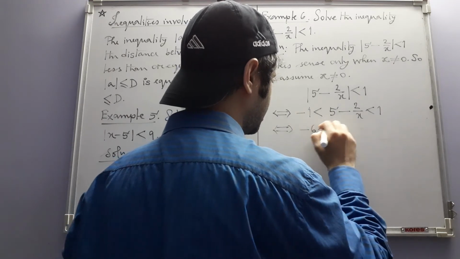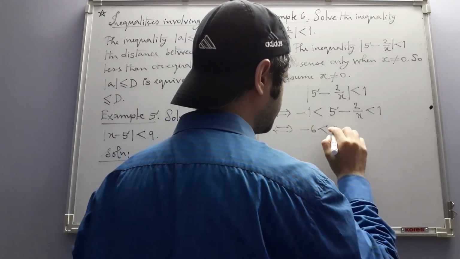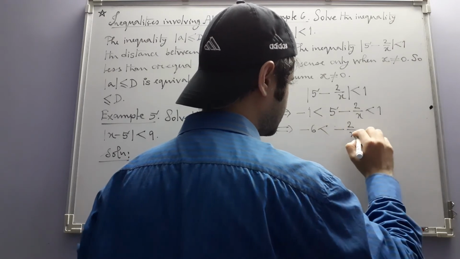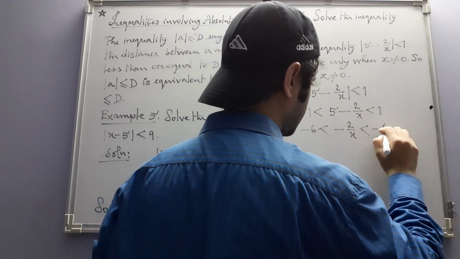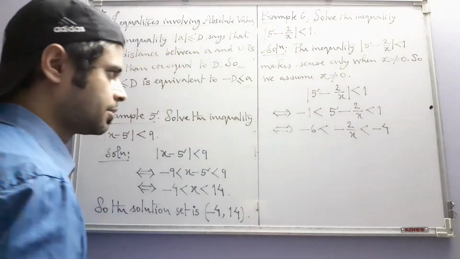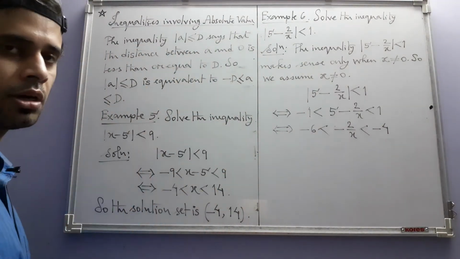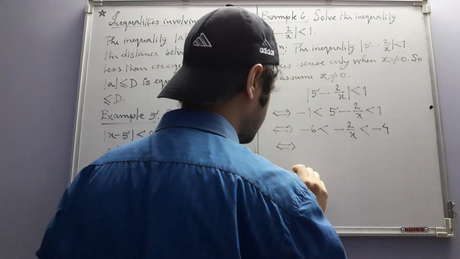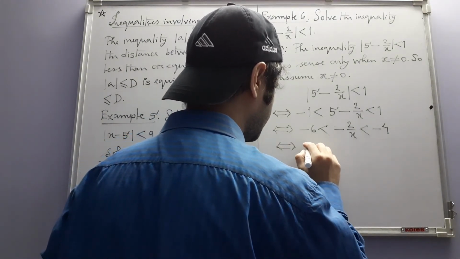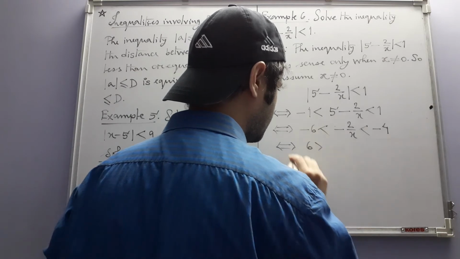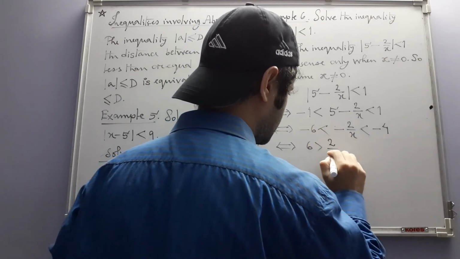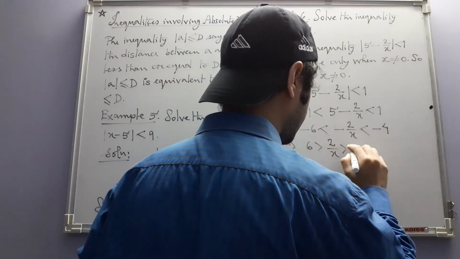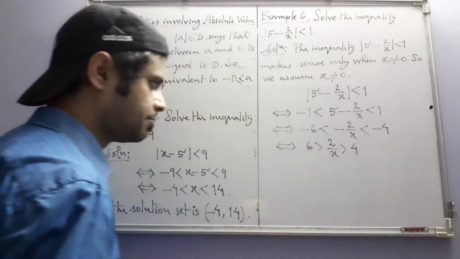So we have minus 6 less than minus 2 divided by x, that is less than minus 4. Now if we multiply throughout by minus 1, then the inequalities will get reversed. Six is greater than 2 by x, and this will be greater than 4.